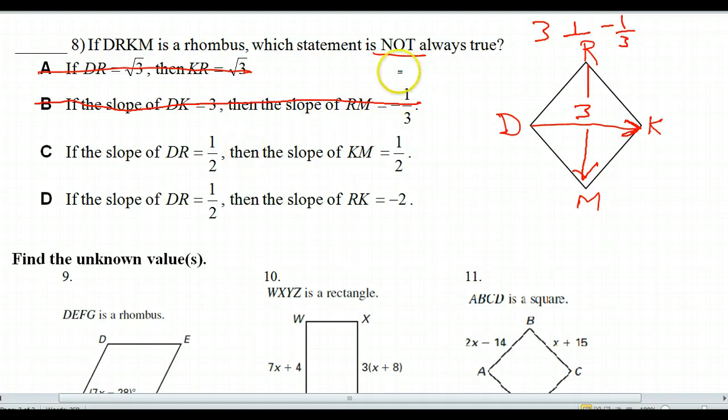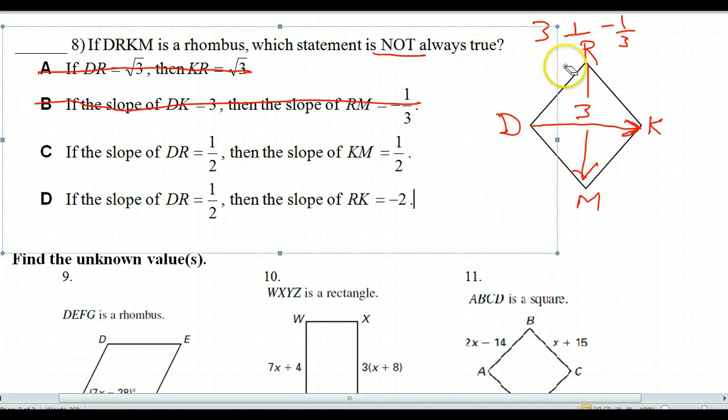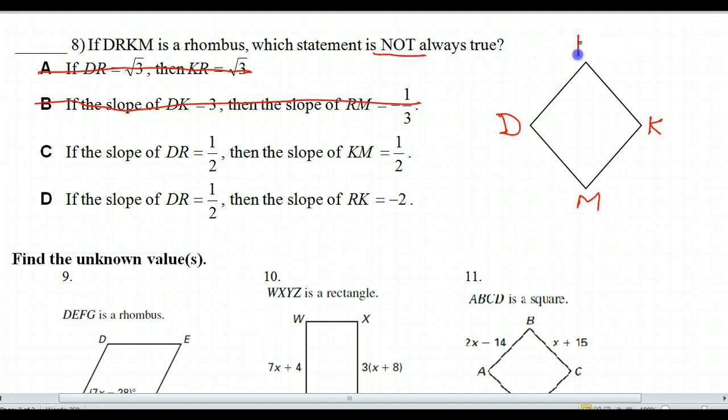The slope of DR is 1/2. Does that mean that the slope of KM is also going to be 1/2? Yes.